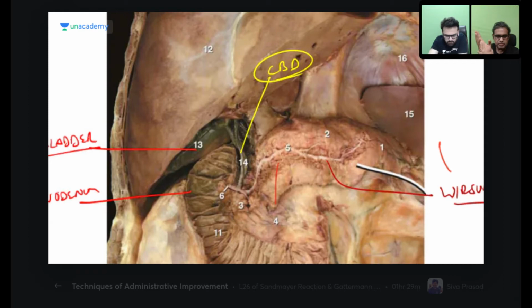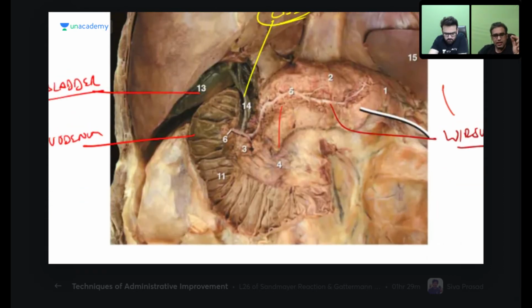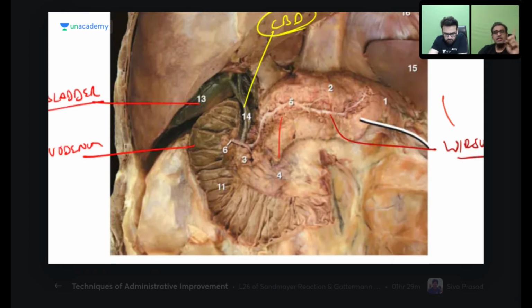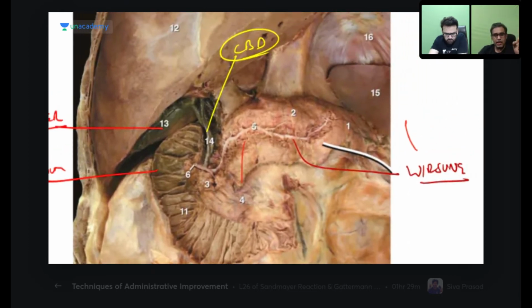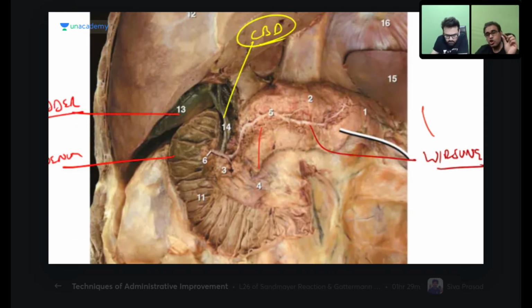Now, there's one value that you can note: around the tail, the diameter of the lumen of the Wirsung is 1 mm. Around the body, it is 2 mm. Very good. And around the head, it is 3 mm. It is 1, 2, 3. Just have a basic idea, not difficult to remember also. That is why I added it over here. So 1, 2, 3 mm.